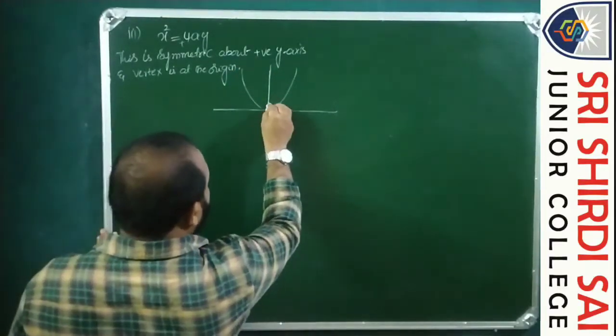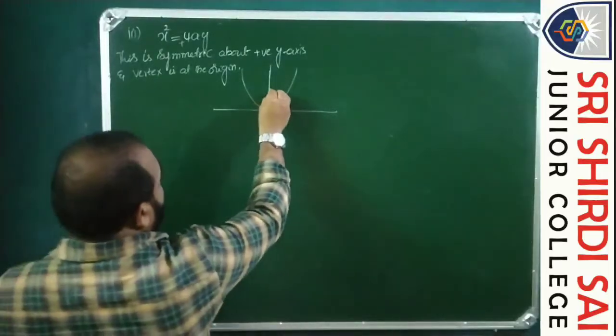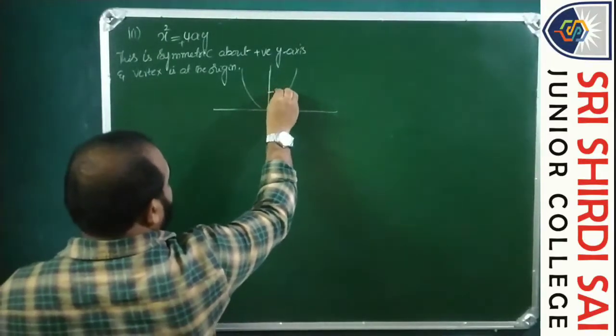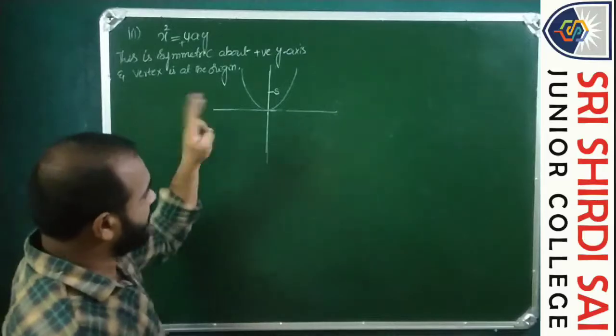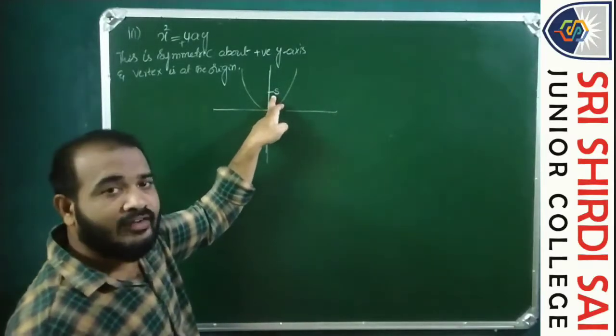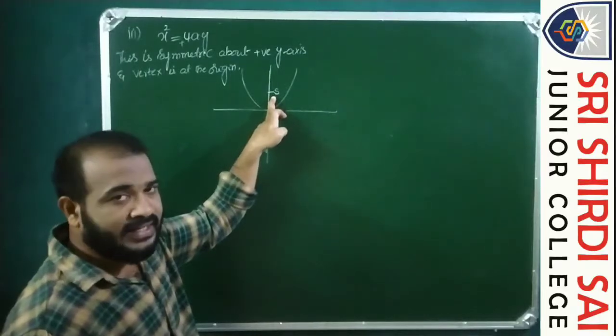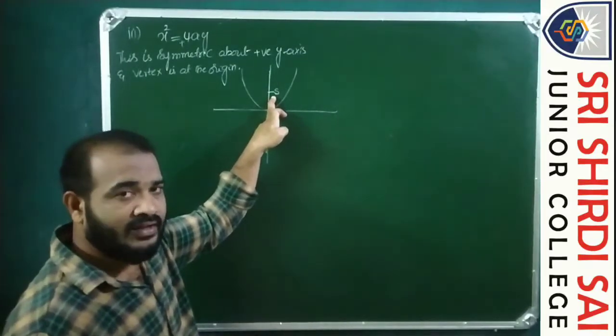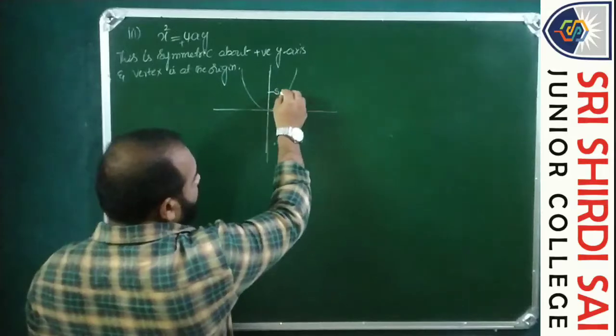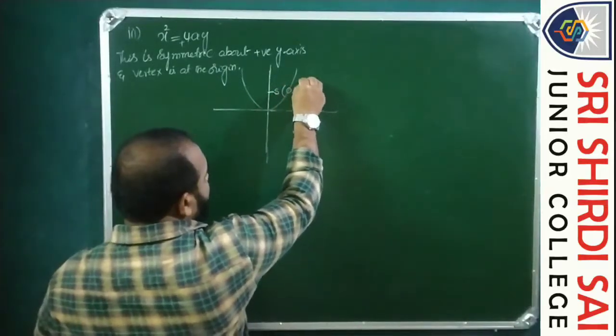Now the focus is here. Since the focus lies on the y-axis, any point on the y-axis can be taken as 0 comma y. At a distance a, it is 0 comma a.